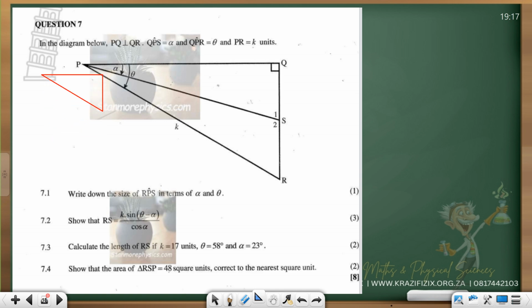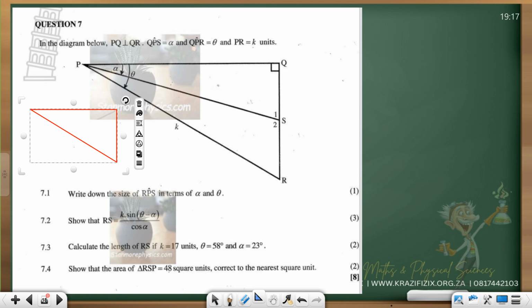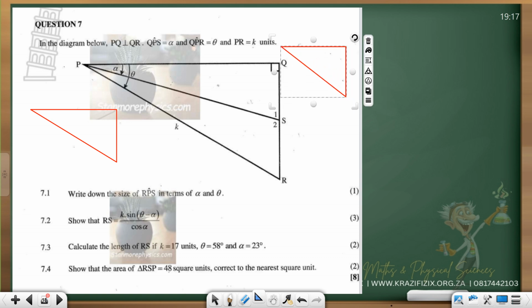Okay, I got it. I see a small triangle there. And I see a bigger triangle. Okay, just for space sake, we just label it quickly. And then I see, what other triangle do I see?